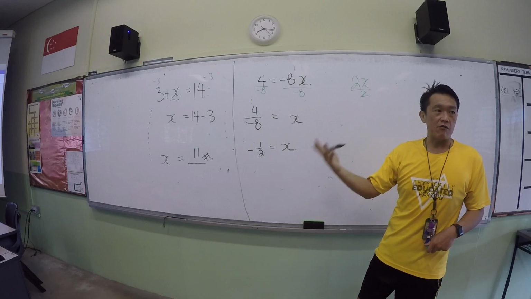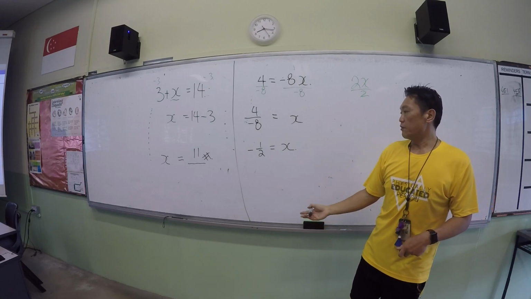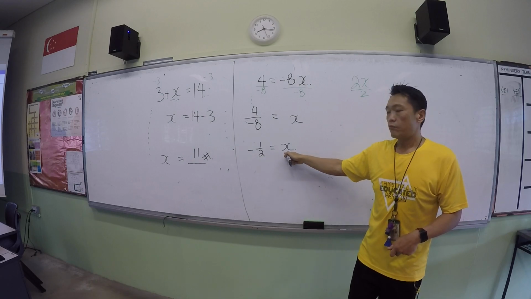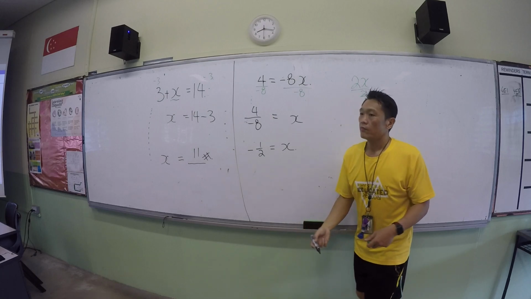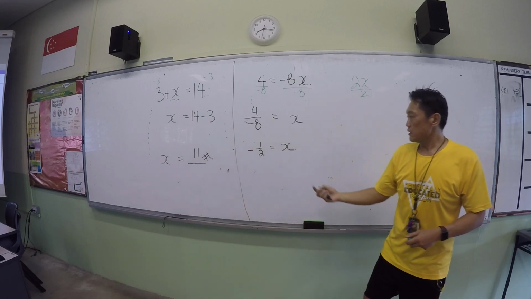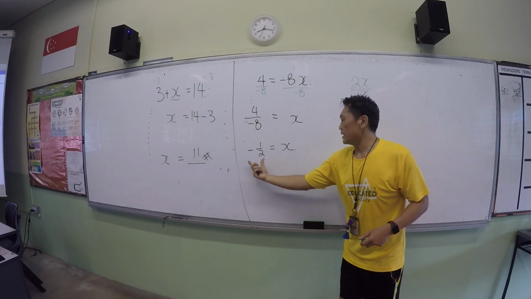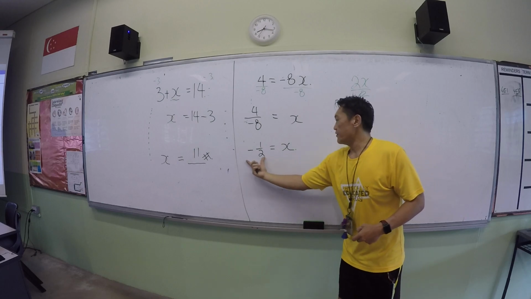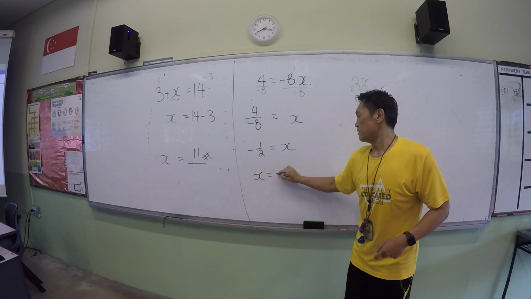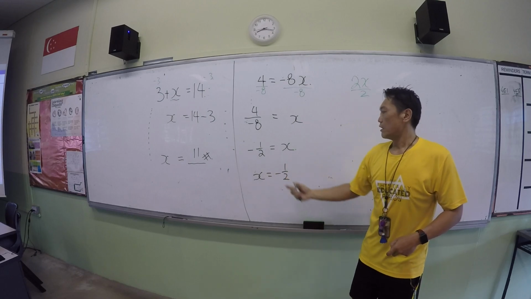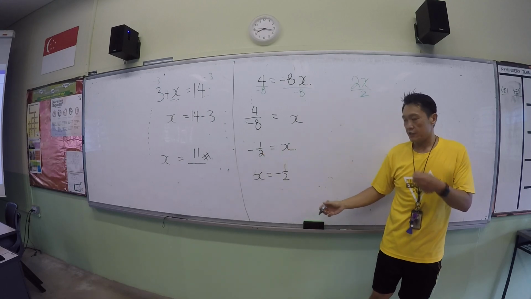But to present our answer nicely, we will want to put what we want to solve on the left hand side. Okay? So this time round we are just swapping their position. Left is the same as right, means right is the same as left. I am just switching their location.